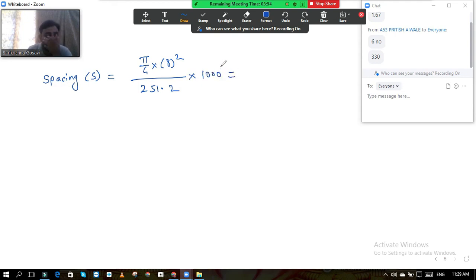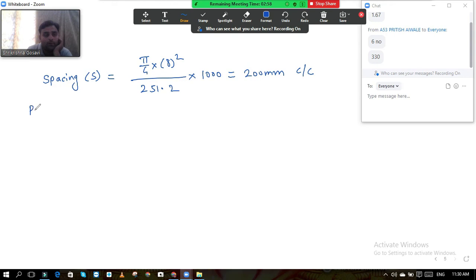Width is 1000. The answer is 200. Okay, so it is 200 mm center to center.